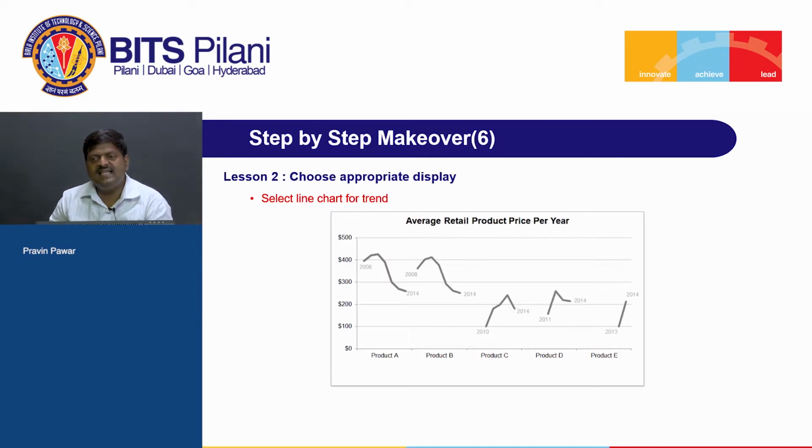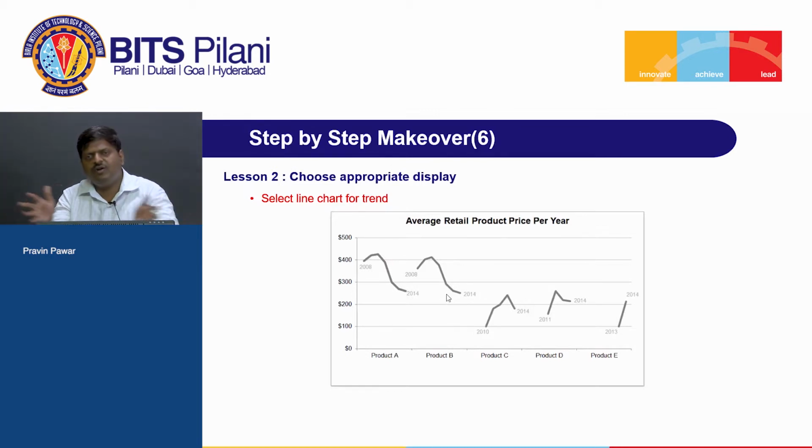So these line series are helping me. For a particular product, I am able to gauge a trend in the product pricing. If I look at the line series for product A, I am able to see that there is some decline. For product B also, if I look at the 2008 to 2014 numbers, I am able to do that comparison and find a trend out of it.